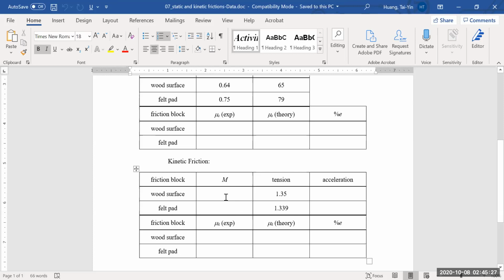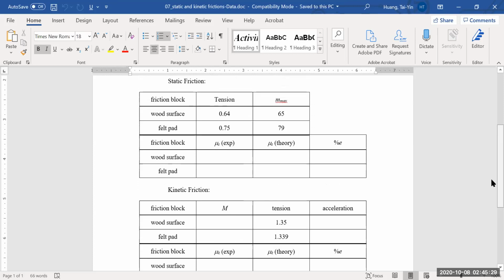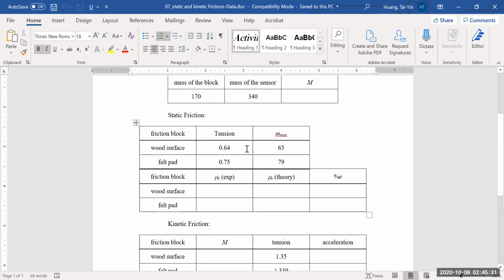For the static friction, the tension values are given, and the maximum mass when it starts to wiggle is also given. Use the equations in this lab activity to find mu s, theoretical and experimental, and you'll get the percent error.